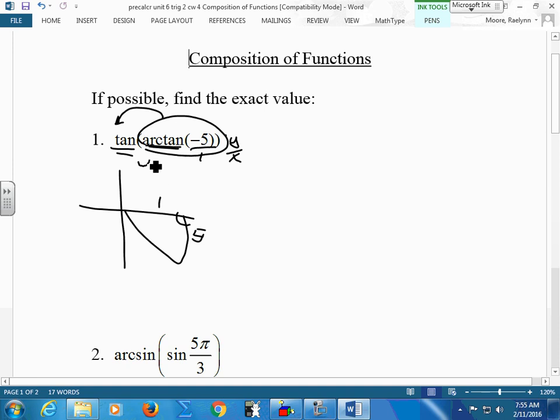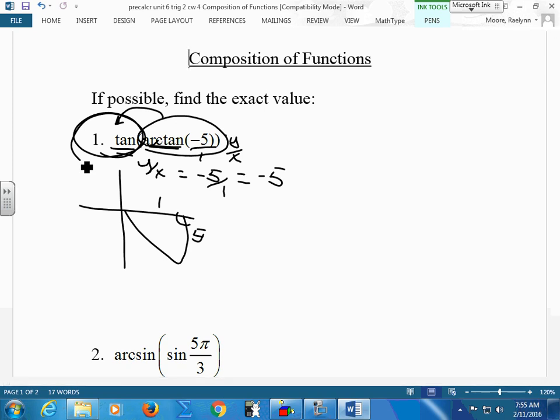So my tangent is y over x, which gives me negative 5 over 1, or negative 5. Sarah caught the trick right away. These kind of canceled each other out and gave us a tangent. This is key. This is the final thing that you want to find. So if you only need to find one of the functions, don't find the angle. Place it, and then work from there. That was good.